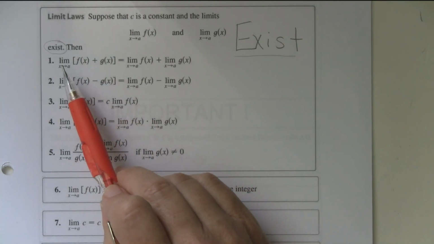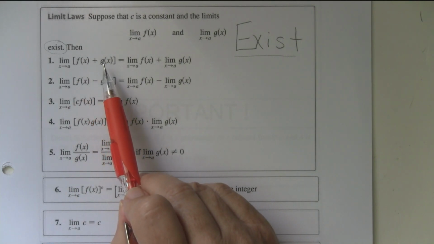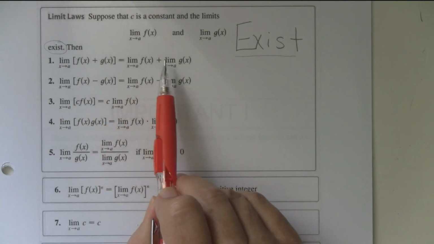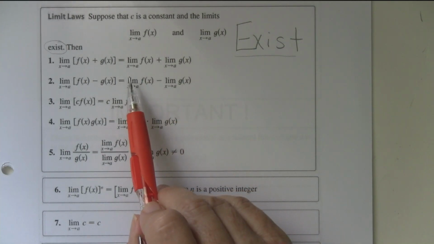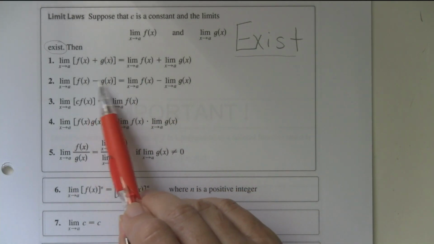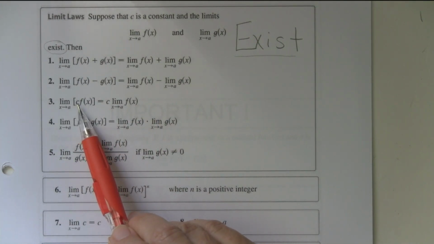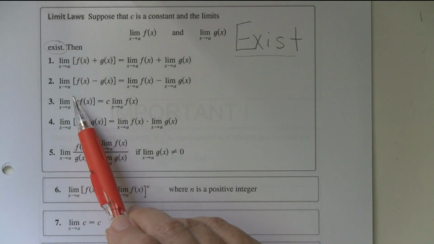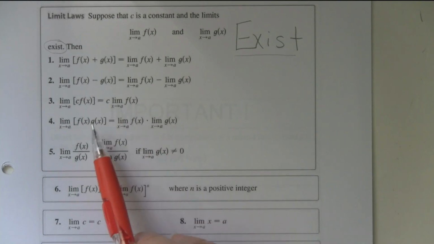So if you're trying to find the limit of a sum of two functions, you can find the limit of the functions individually and then find the sum, and it would be the same. Same with a difference or a subtraction. Same with multiplying by a constant. You can bring the constant out in front and find the limit of the function at a, and then multiply it by your constant.